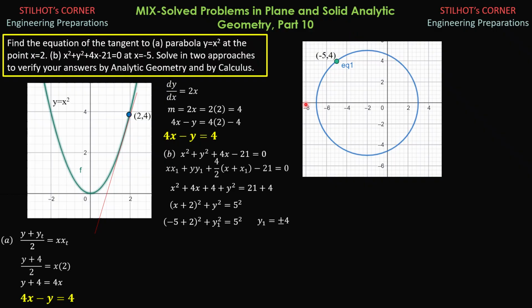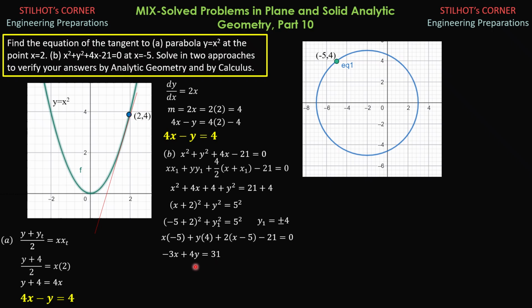So this is the tangent, and we substitute into this equation here: x times negative 5 plus y times 4 plus 2 times quantity x plus negative 5 minus 21 equals 0. So this is negative 5x plus 2x, so negative 3x plus 4y, and the constant 21 goes to the right, then negative 10 becomes plus 10, 31.